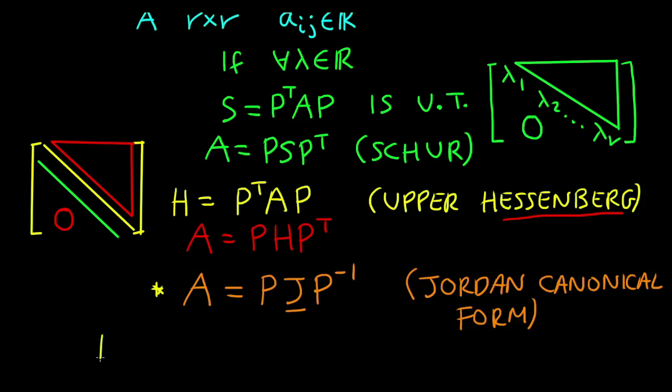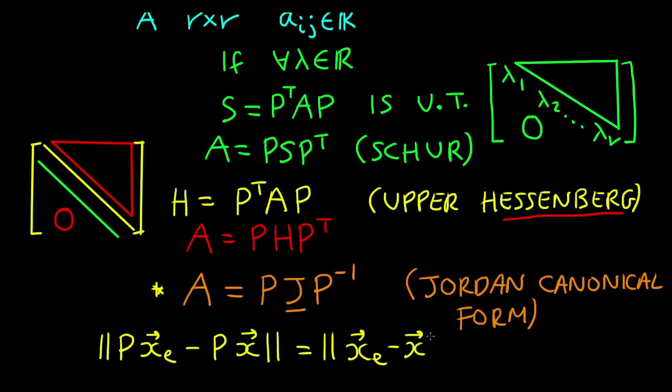So for example, taking the norm of an orthogonal matrix by a vector x_e, which is an estimate to some solution vector x, then the norm of the product of an orthogonal matrix by the estimate minus the same orthogonal matrix by the exact vector is the same as the norm of x_e minus x, being the length of the error vector.